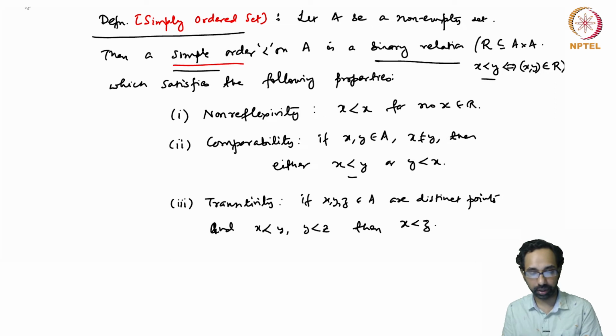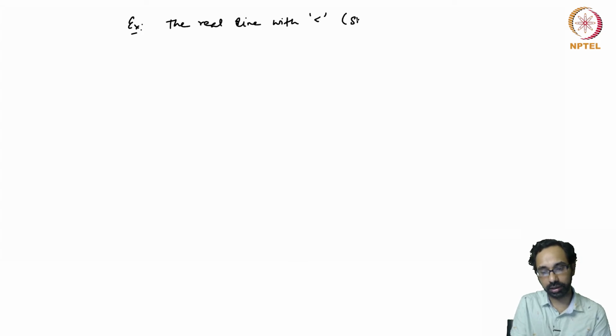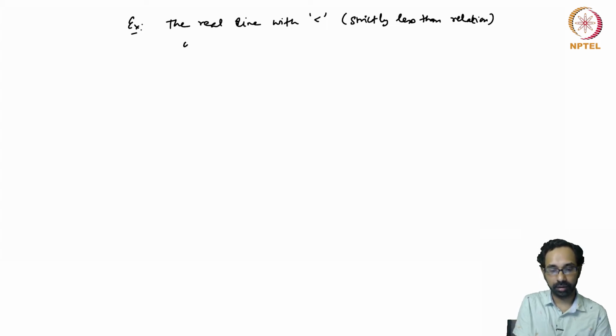And of course we have already seen this for the strictly less than relation on the real line, and this makes the real line a simply ordered set. So the real line with the strictly less than relation is a simply ordered set.